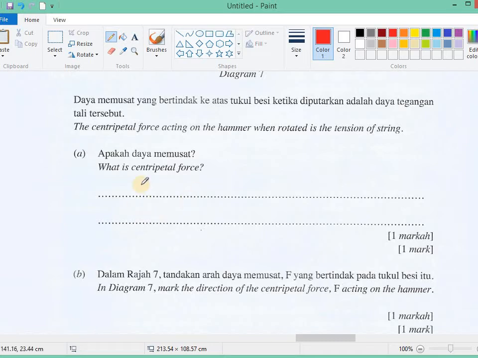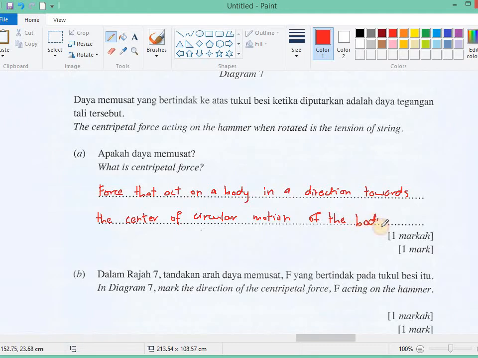Centripetal force is the force that acts on a body in a direction towards the center of circular motion of the body.